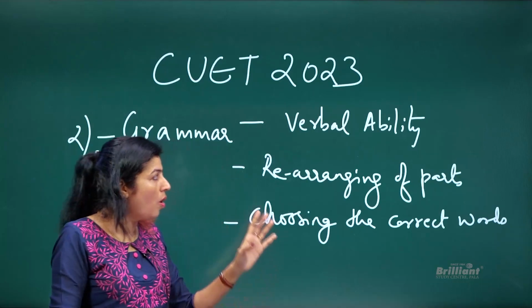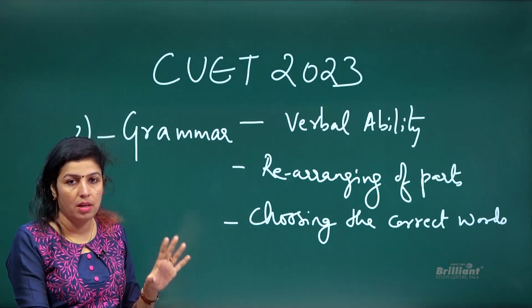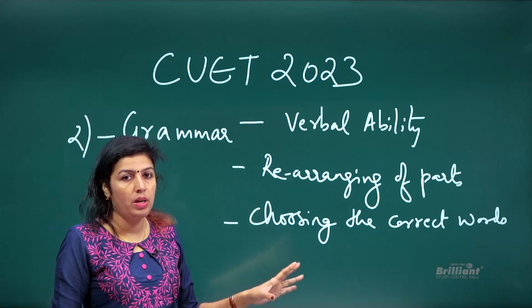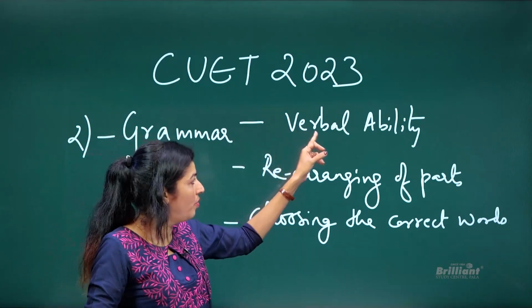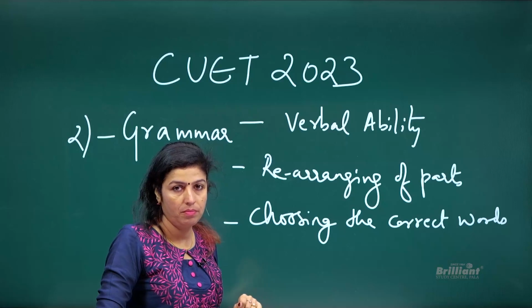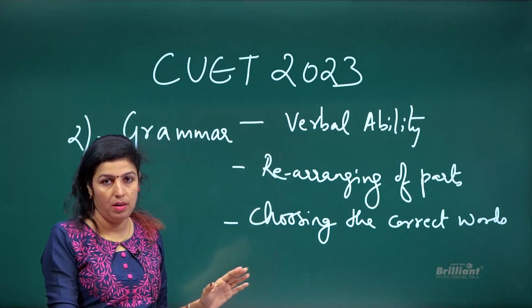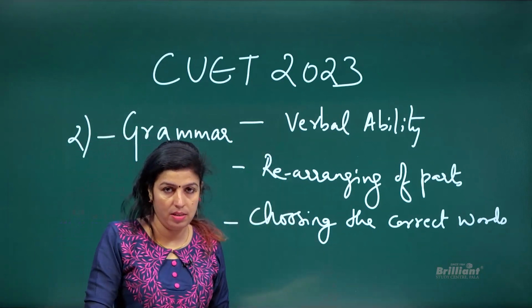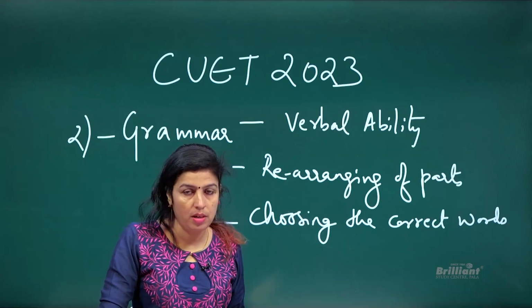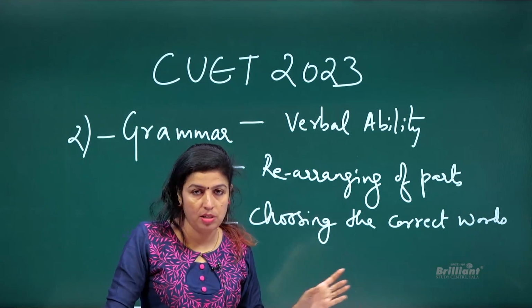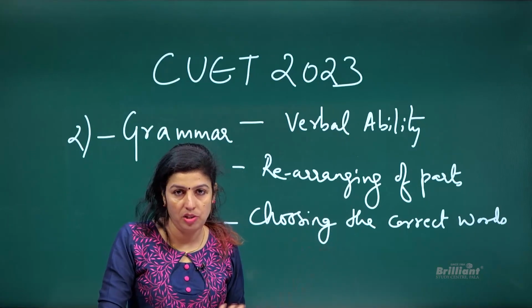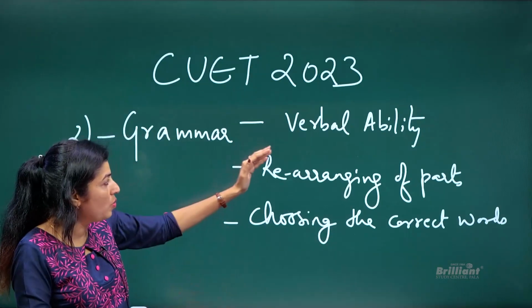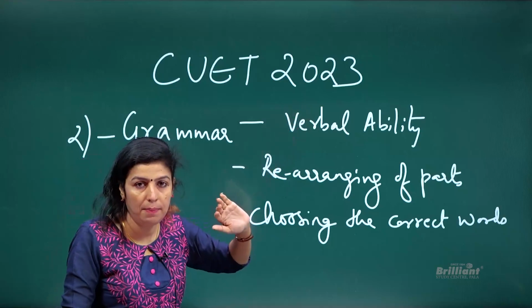Okay, so all those rule based questions of grammar can be categorized under verbal ability. Rules of tenses, active passive voice, use of conjunctions and prepositions, then direct indirect speech, etc. Okay, so that is what you call verbal ability.